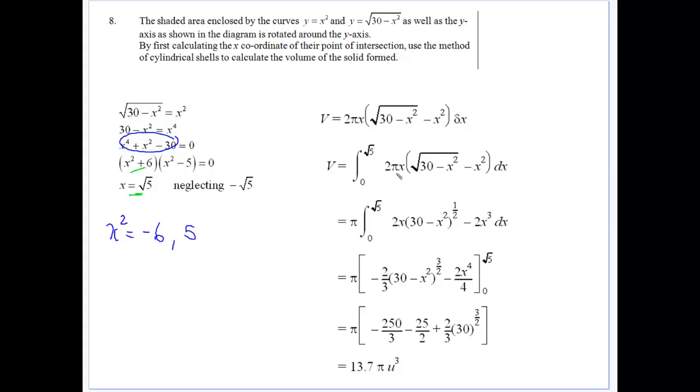Looking a little bit hard, we get our 2 pi out, we multiply, we get x cubed, that's not too bad. But for this one, we've kept the 2 pi in there with the 2x. If we recognise that the derivative of 30 minus x squared is minus 2x, we're placed for a reversal of the chain rule.